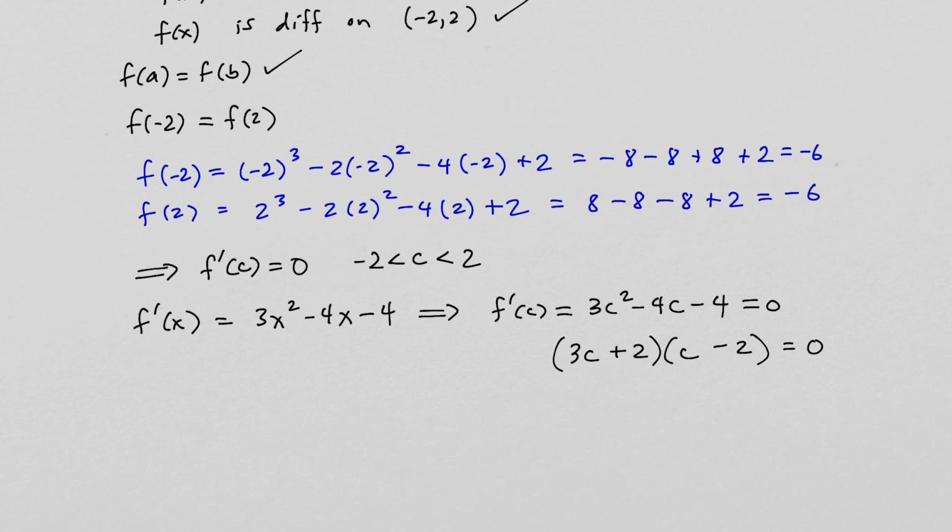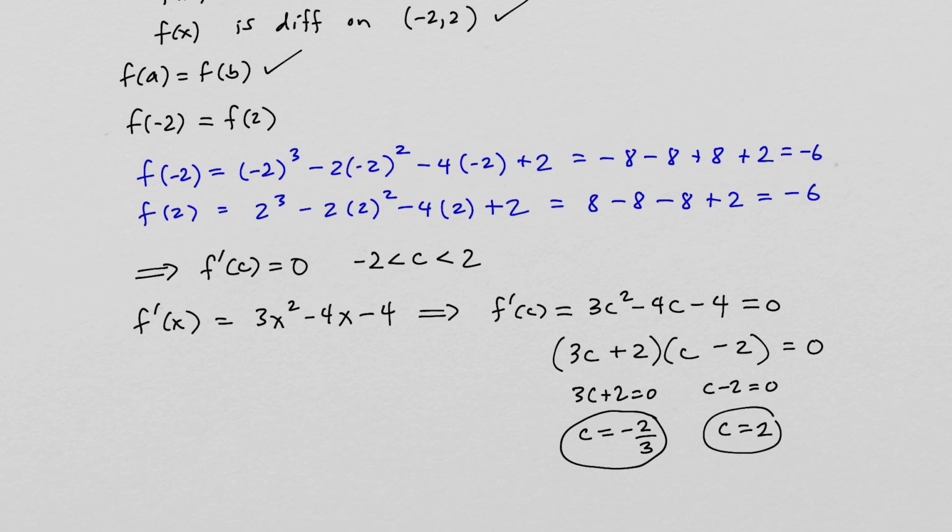And if you double check this, you will see that you get 3c squared minus 6c plus 2c minus 4. And that does equal this quadratic. So now we'll set each of these equal to 0. And here we get c equals negative 2/3. And here we get c equals 2. So we have two possible solutions for c.